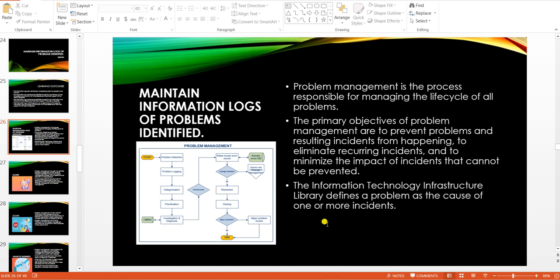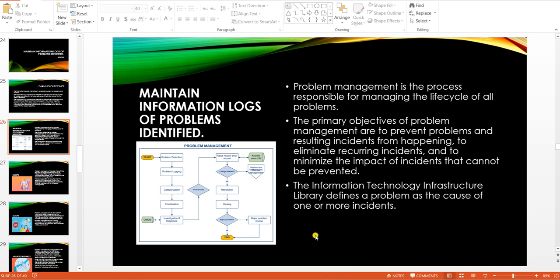So in this instance, when we refer to problem management, we discuss how we can prevent problems. We have a process in place that prevents incidents from happening and eliminates reoccurring incidents. So it's a structure in place where we can detect the start point and the end point when the incident or the problem occurs.